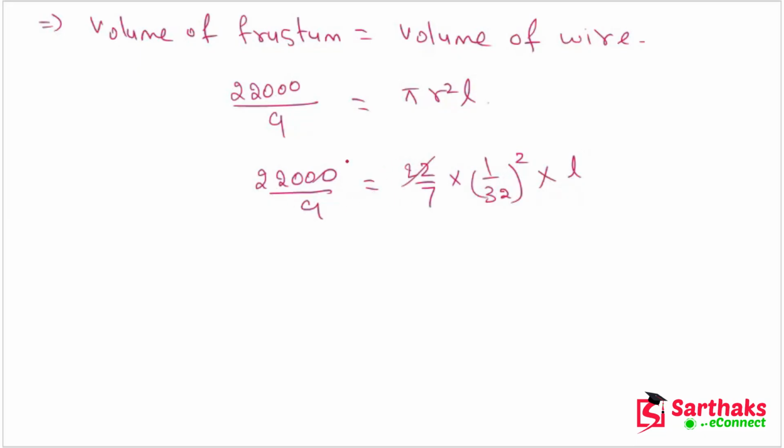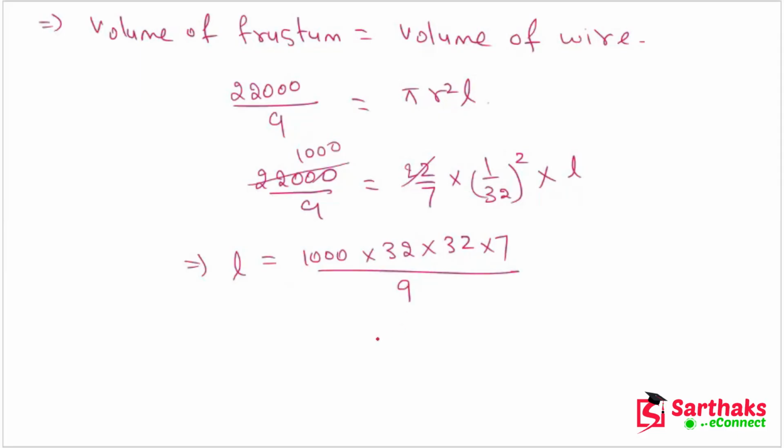So 1000 will be cancelled, and we have L equal to 1000 into 32 into 32 into 7 divided by 9.